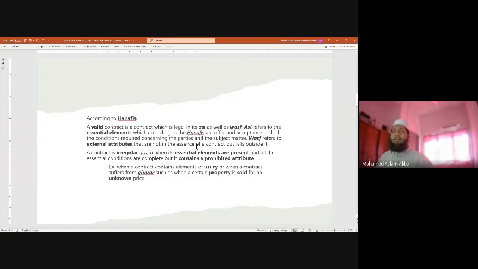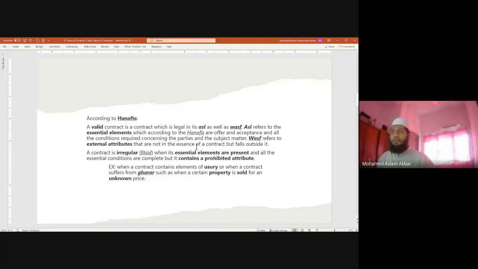It looks like a valid contract, because the pillars of the contract are complete. There is offer and acceptance. There are parties. There is also a subject matter. This is what they say, conditions pertaining to offer and acceptance, which is legal capacity and also the subject matter.